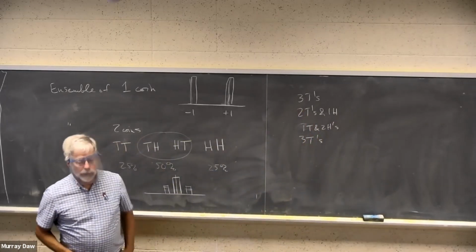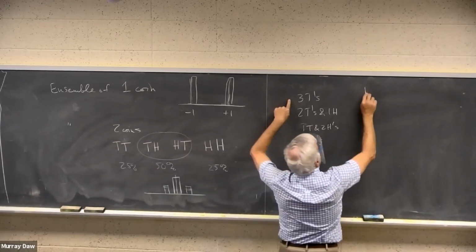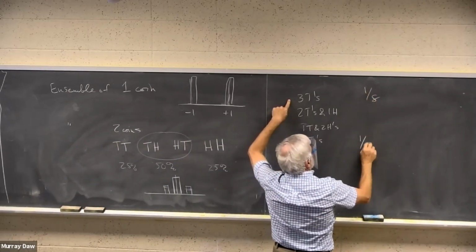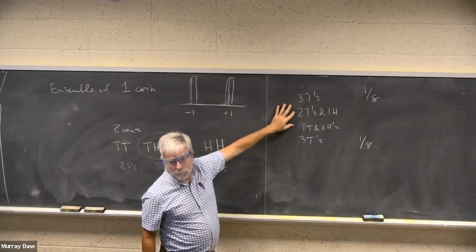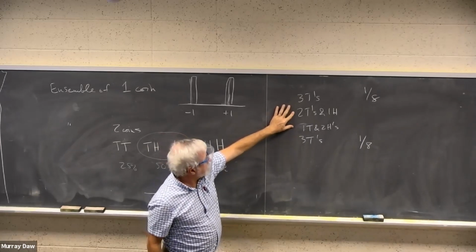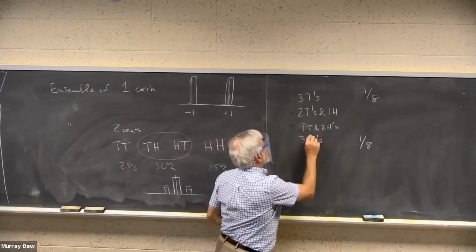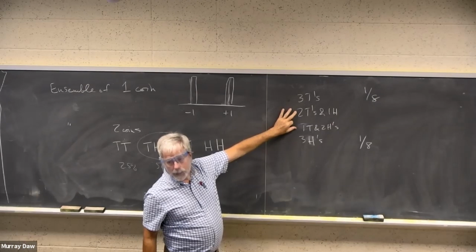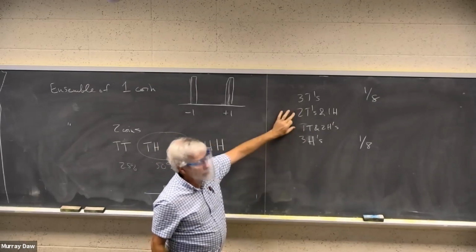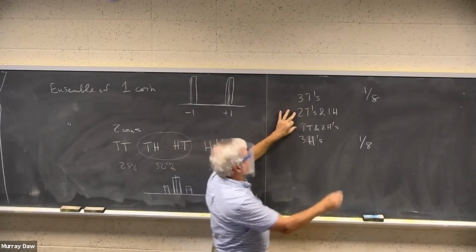Okay, so we know each of these is 1/8, and these must be the same probability. You wrote 3 tails twice. Thank you. These must each be the same probability, and they have to add up to 3/4, right? So it'd be 3/8 and 3/8.